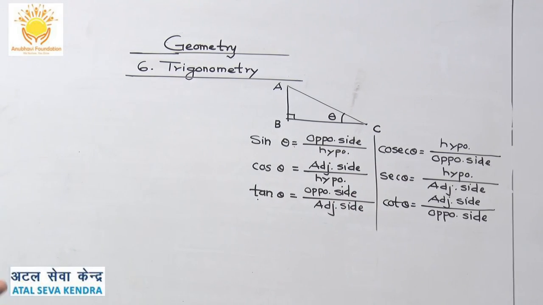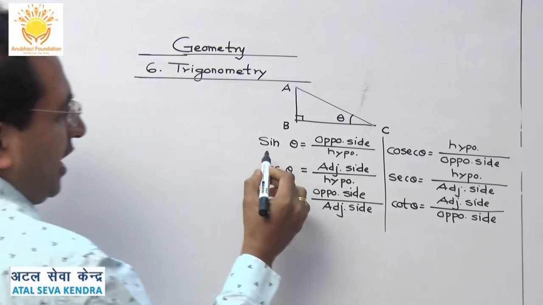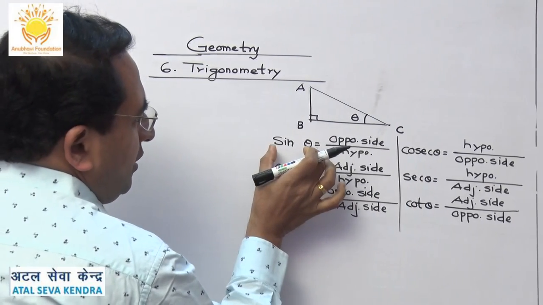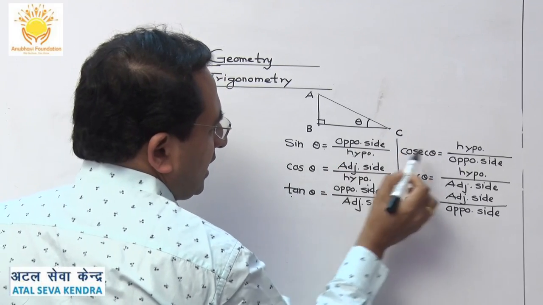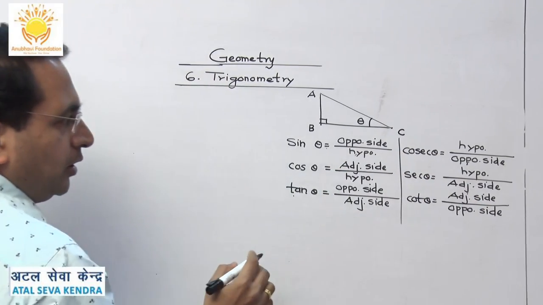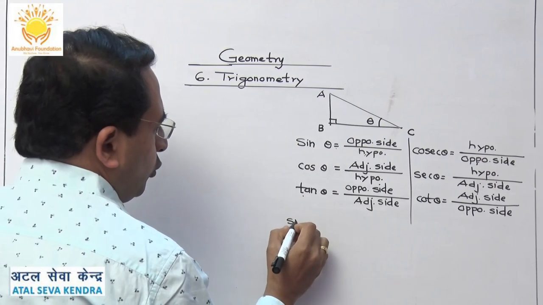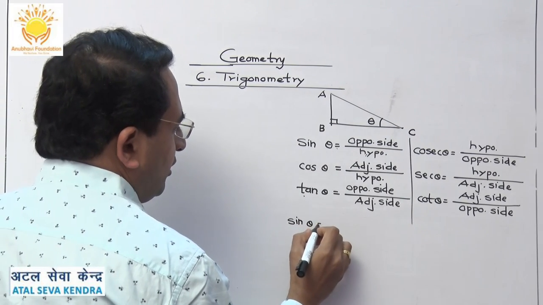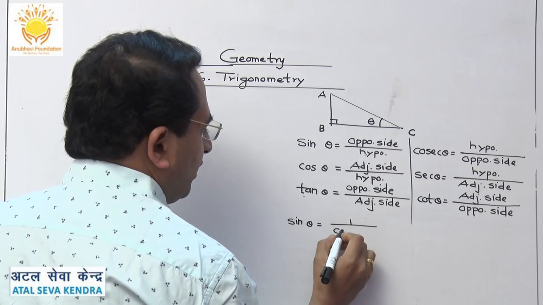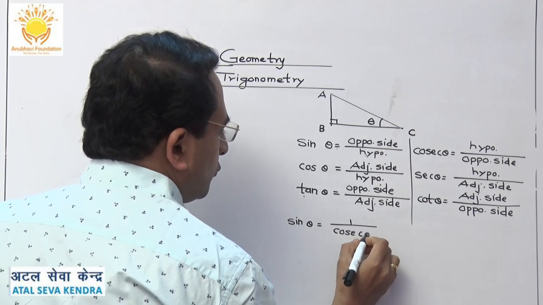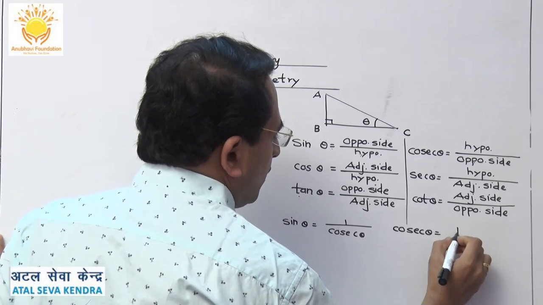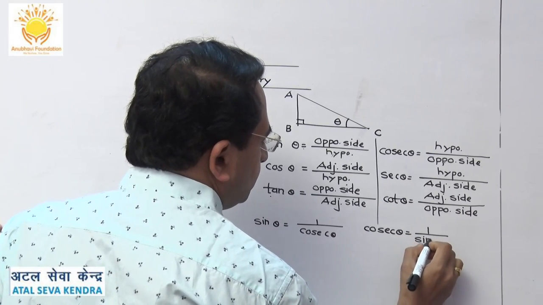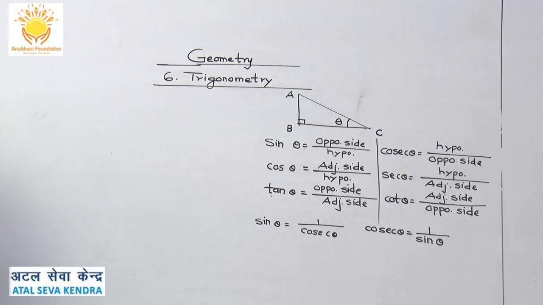Now if you see the formula, the way I have written sine, in front of that I have written cosec, and if you see the formula here, it is exactly reversed. So we can write one more group here. Sine theta is nothing but 1 upon cosec theta, or cosec theta we can write this as 1 upon sine of theta. Correct?